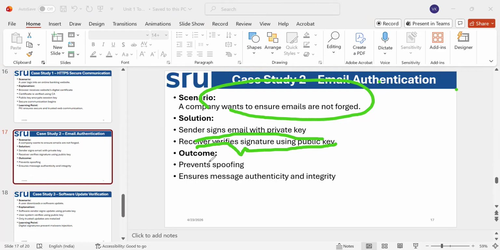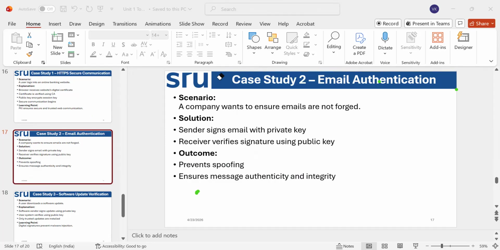As we discussed, this can prevent spoofing and ensure message authenticity and integrity. So we can understand the second scenario, that is email authentication.